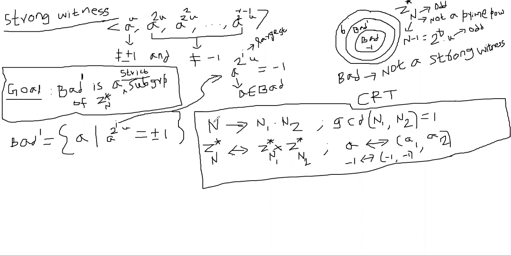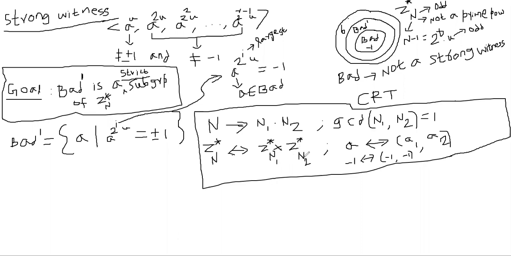All right. So recall the Chinese remainder theorem. If you know a number n that can be written as a product of two numbers n1 and n2, which is possible if n is a composite number, and we assumed n is not a prime power also, therefore the GCD of n1 and n2 must be 1. Now the Chinese remainder theorem is telling us that any element that you take in Z star n is basically mapped to a pair of elements, one in Z star n1, another in Z star n2.